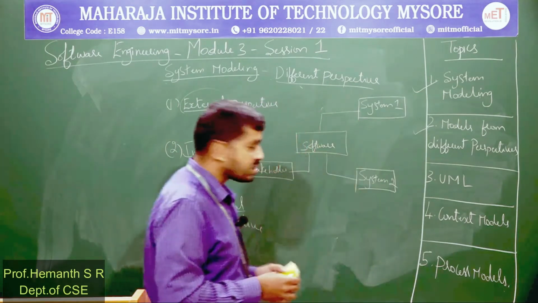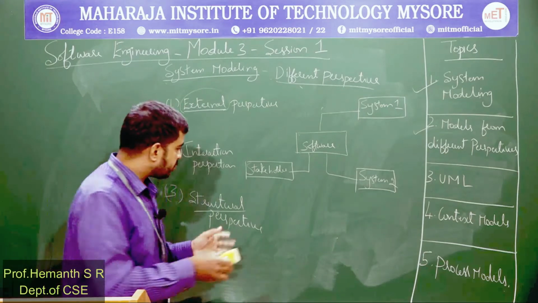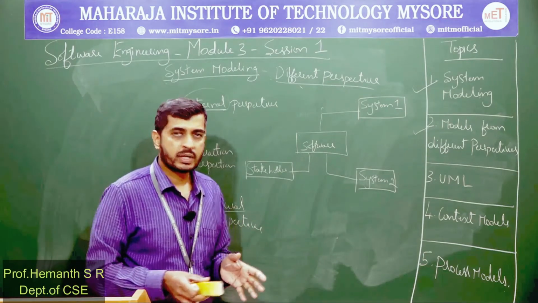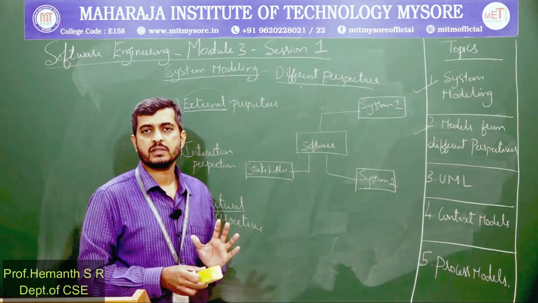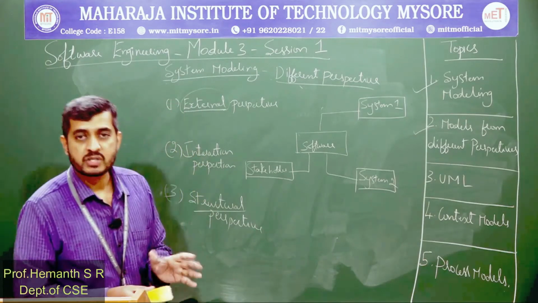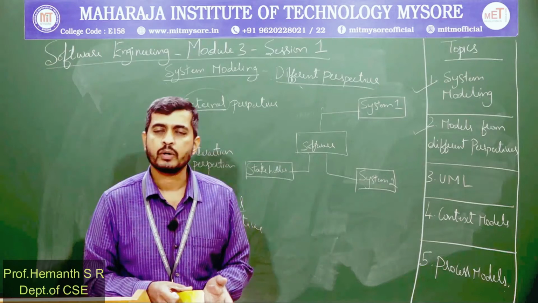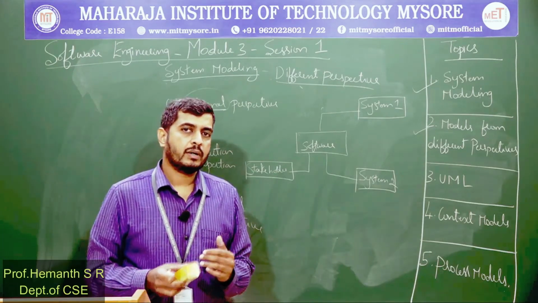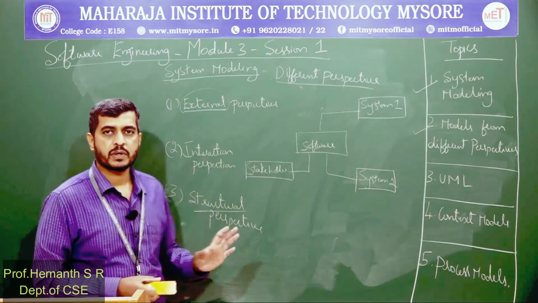In this context, the different parts or components of the software which have been combined together to form this software. What are the different components, how it is organized, what are the different divisions in the software, will be modeled in the structural perspective.